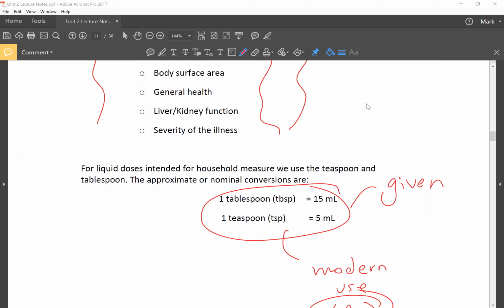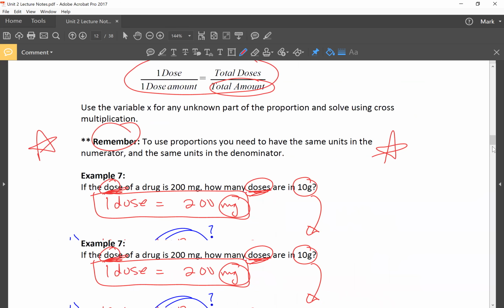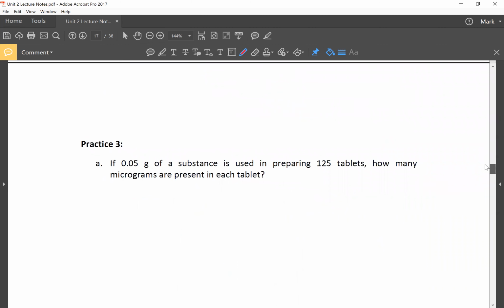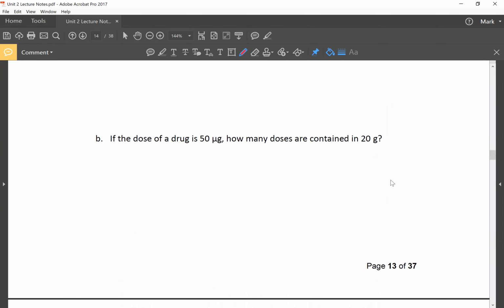Yeah, no worries. If you were late, you definitely missed this. These are household measures, common conversion factors. You guys probably have them in your kitchen right now. Tablespoons and teaspoons. All right. Oops, I went too far.